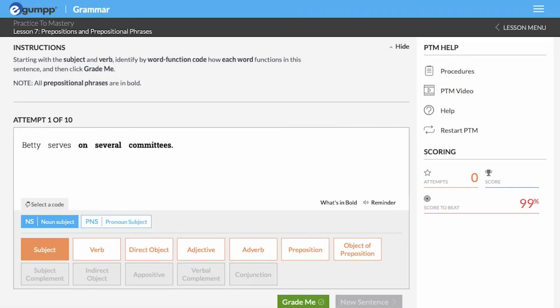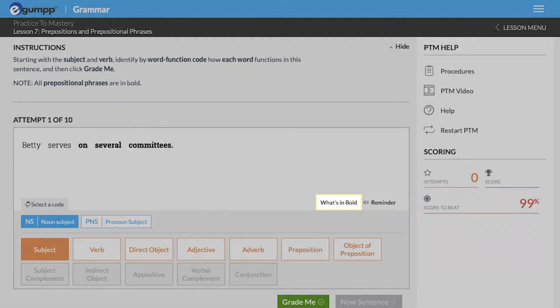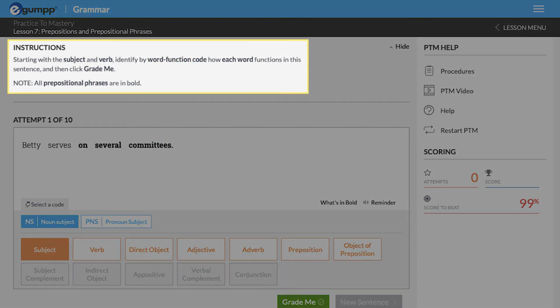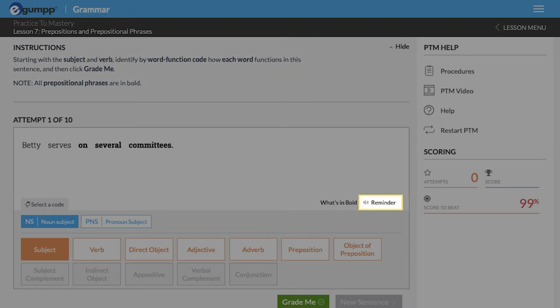Here's how you should complete each PTM graded exercise. Starting with Lesson 7, the sentences in the PTM exercise will always include words in bold. Click on the What's in Bold screen and view the sentence displayed first. The instruction always states to identify the subject and then the main verb and any helping verbs first. With each word function code, there is a code reminder button.